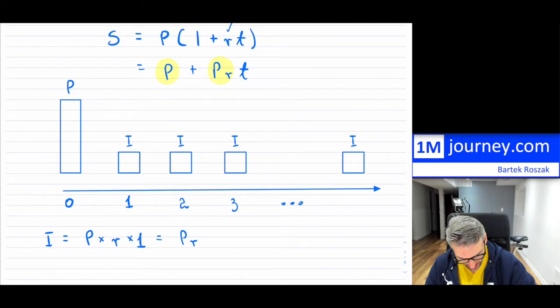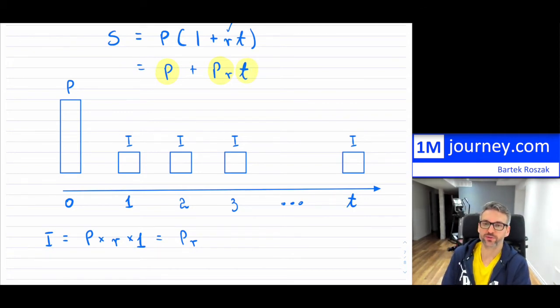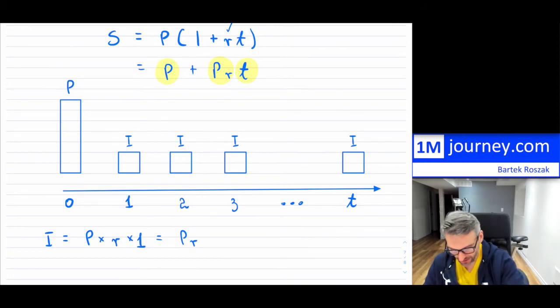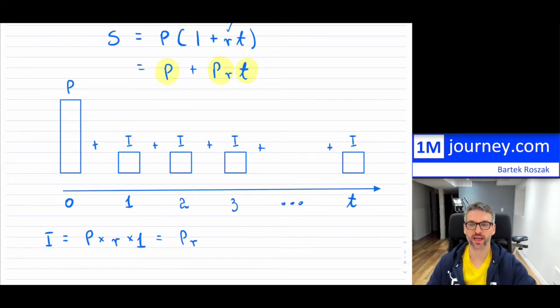So I'll call this T years, and that's what you see in here. Notice that it relates to whatever you start with, whatever the interest R is, and how many years you are invested for. It should make sense that if I really wanted to know how much I have, all I would do is add up all of this together, and I would know how much I would obtain for the number of years that I've been invested.